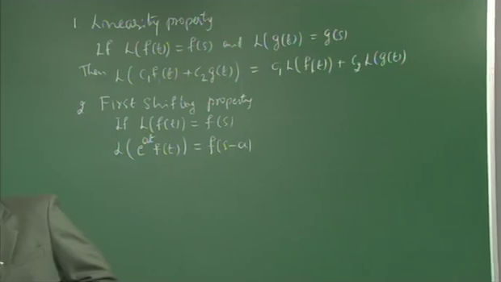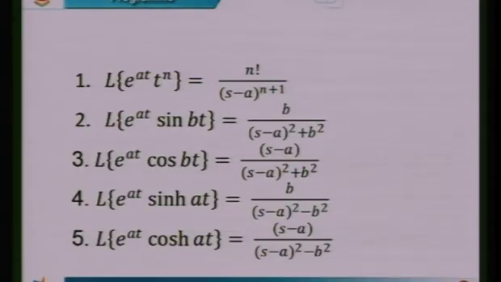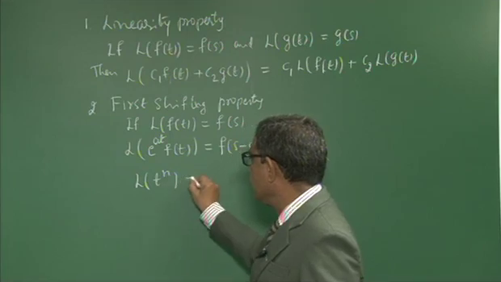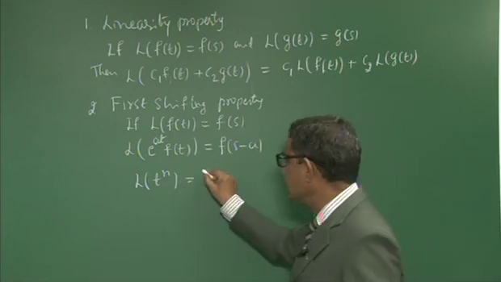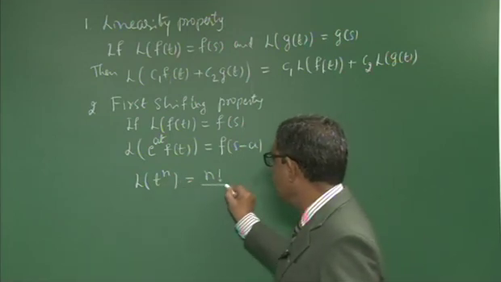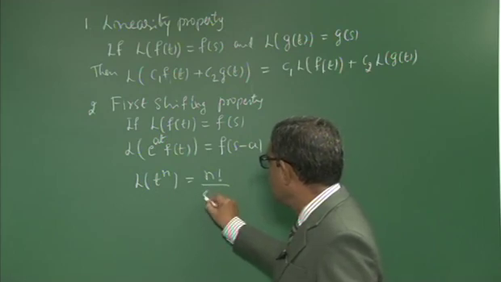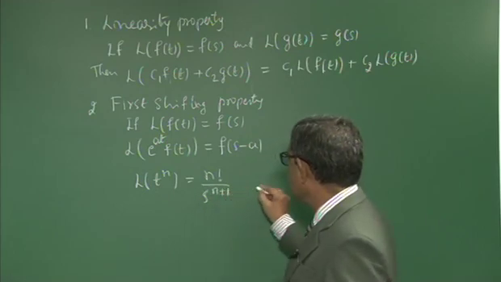First one, L of e raised to at times t raised to n, that is n factorial divided by s minus a whole to the power of n plus 1. We know the formula L of t raised to n is n factorial divided by s raised to n plus 1.